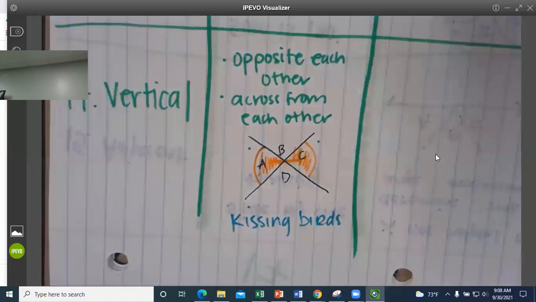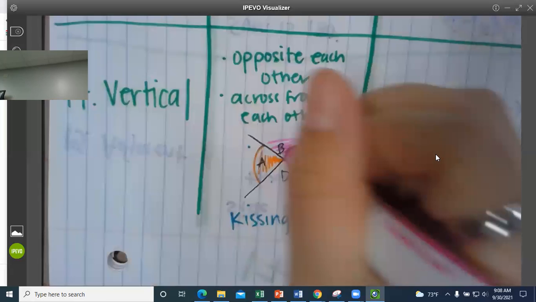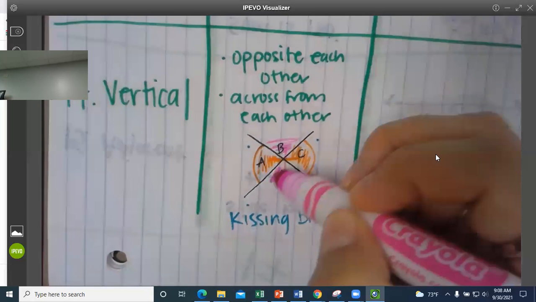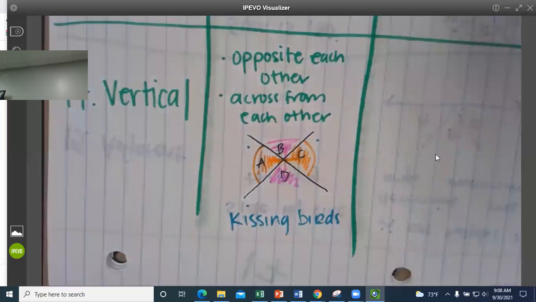Do you see it? The beak of them kissing, kind of. All right, so then if we did B, then the vertical angle to B would be the one across from it, which would be D. Remember, geometry is a visual math, so I want you to really be able to see that they're kissing birds at their vertical angles.